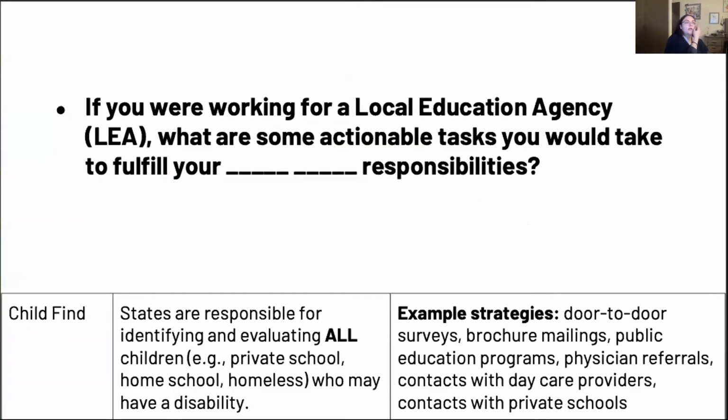Okay, we're going to move to: how do we fulfill our child find duties? So another acronym for you all: local education agency, or LEA, refers to your school. It's essentially the same thing as a school. On IEP forms, if you've seen them, you may see a line on the team signatures page that says LEA representative.